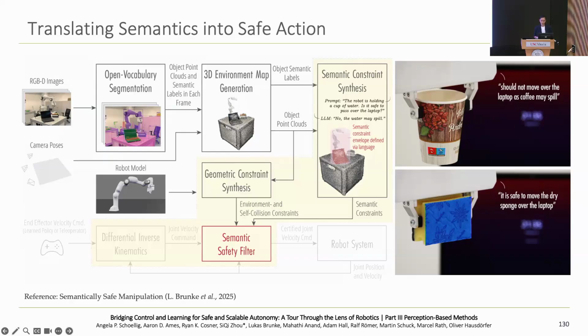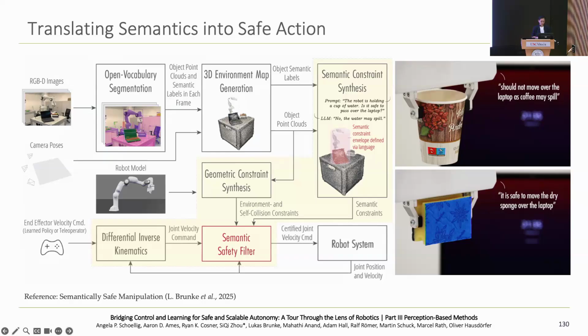With these binary decisions, we can distill a set of semantic constraints that the robot should comply with, and then together with the environment map, we can translate this into analytical forms such as control barrier functions to enforce such constraints. This is what we call a semantic safety filter.